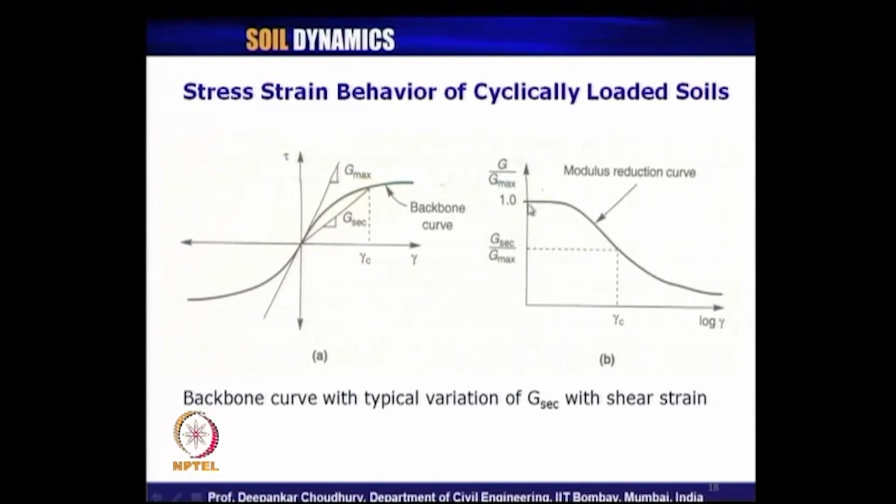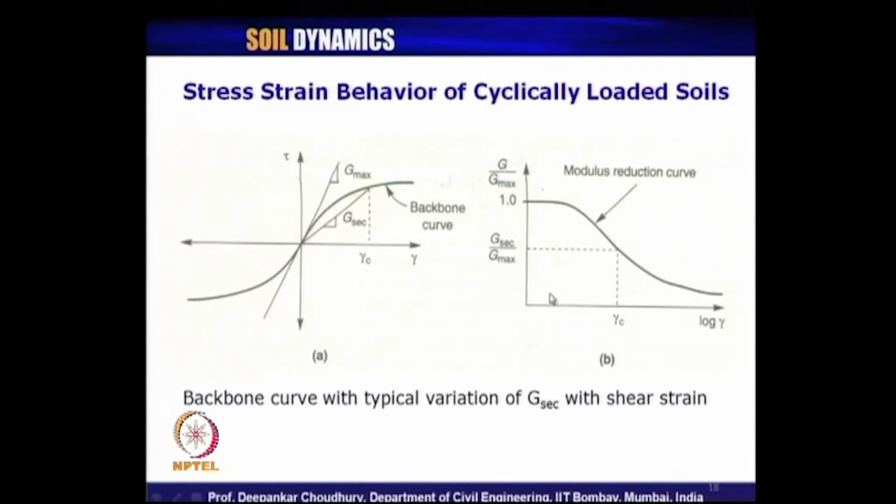Initially it will be about 1 when the shear strain is very low. At very low shear strain, as we know, the soil behaves linearly, so the initial tangent shear modulus is nothing but the maximum shear modulus, and their ratio is 1. That is why it starts from the value of 1 and then keeps on decreasing as we go to higher values of shear strain.